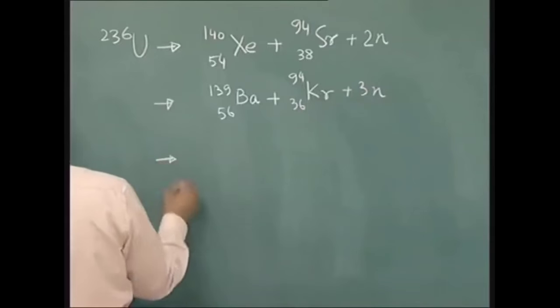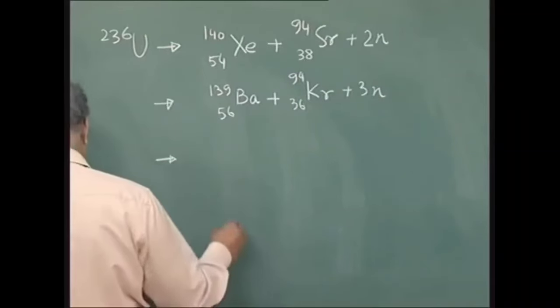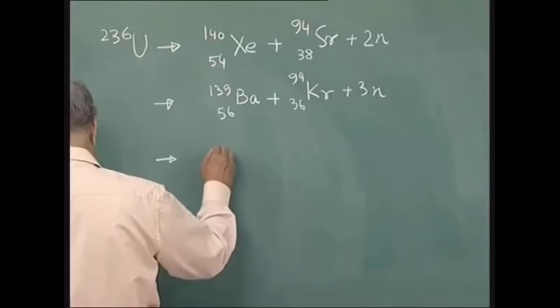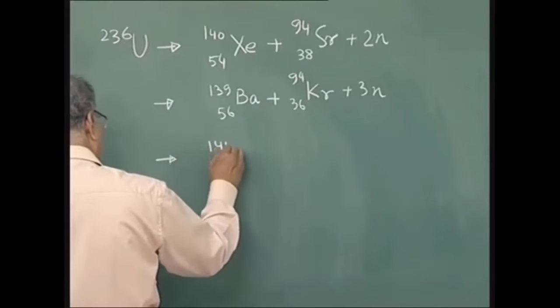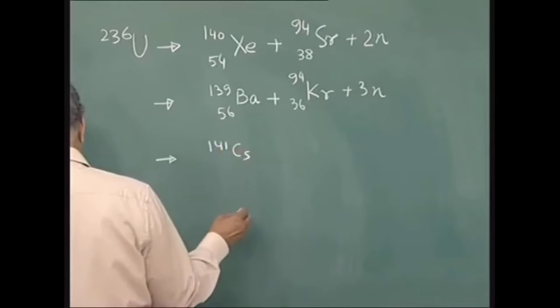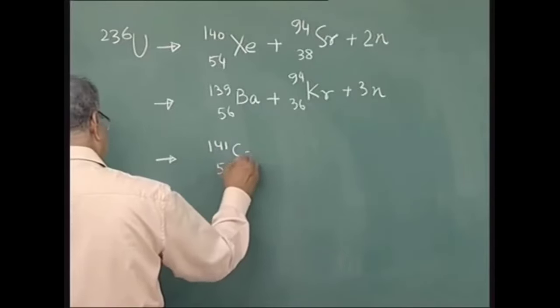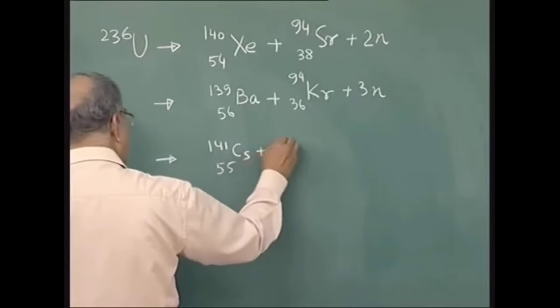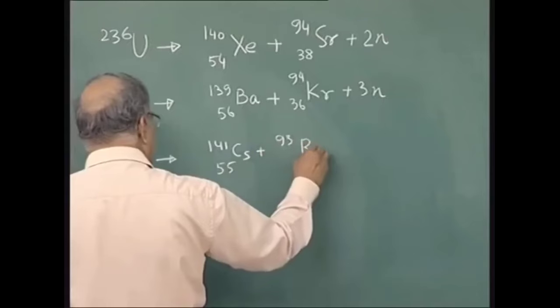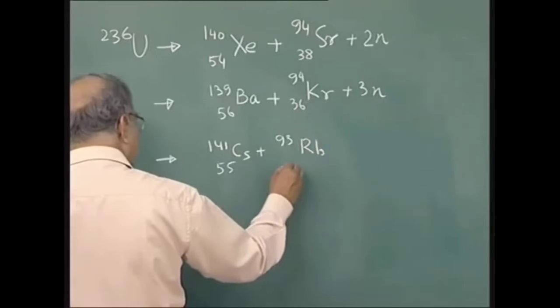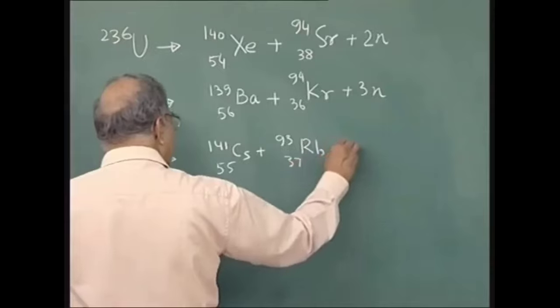Then you can also have a reaction like 141 cesium 55, plus 93 rubidium 37 plus 2N.